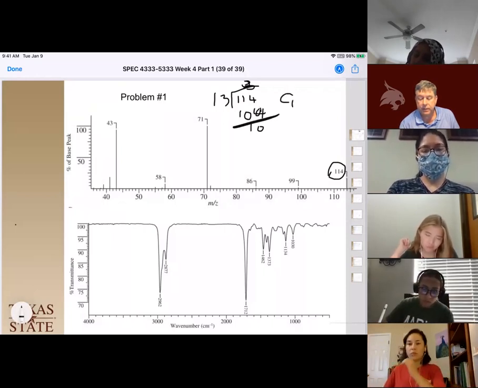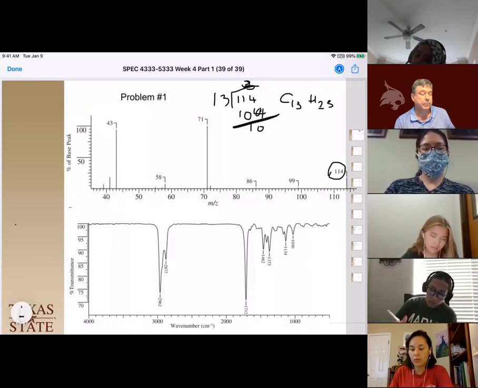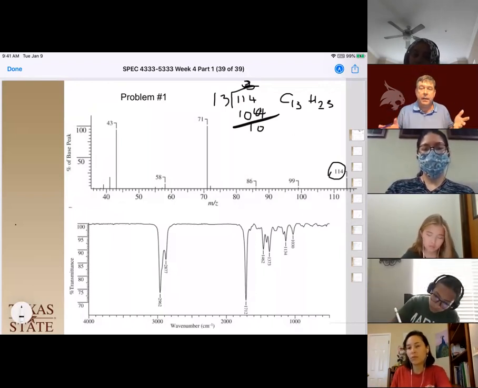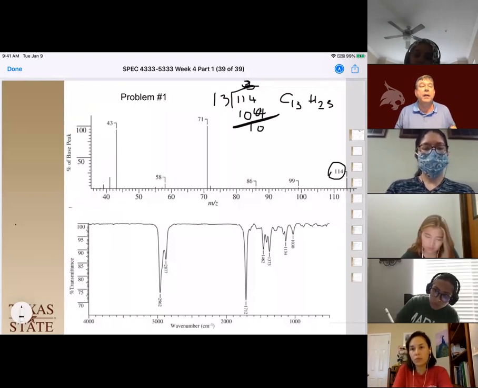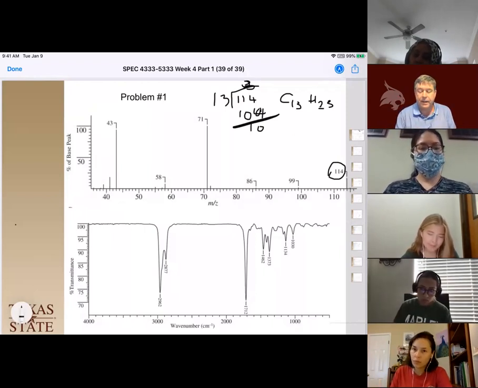So C13H23 is our starting point, okay? So if that's our starting point, let's go ahead and see what kind of substitutions we should be doing first, okay? So let's go to the mass spec, the IR.